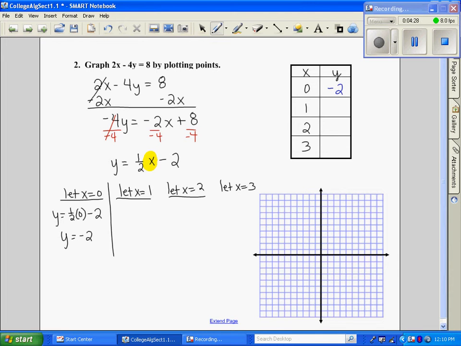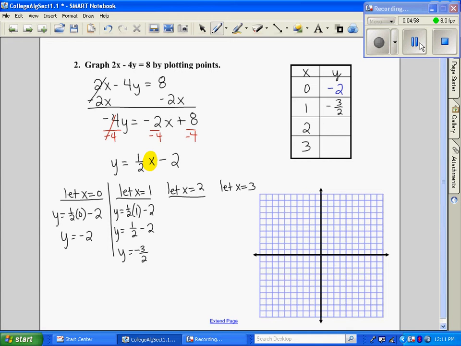My second point, when I chose x to be 1, now I'm going to plug a 1 into that equation in place of x. 1/2 times 1 is 1/2 minus 2. 1/2 minus 2 is going to be negative 3/2. Therefore, I put it in my table.